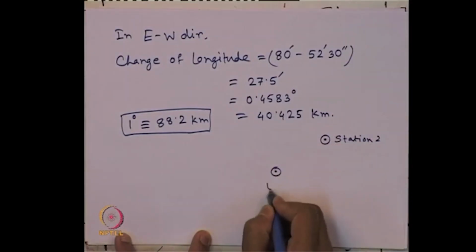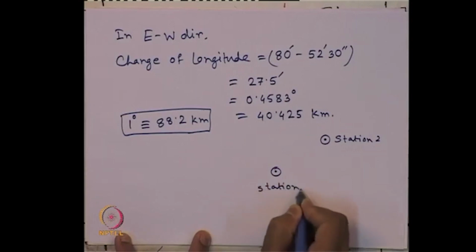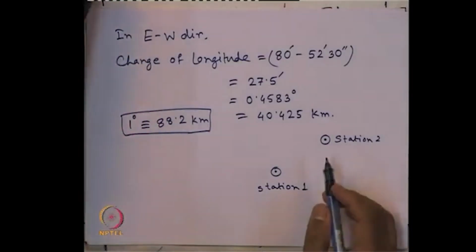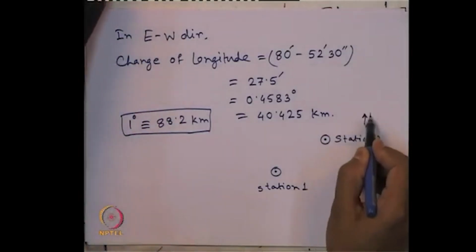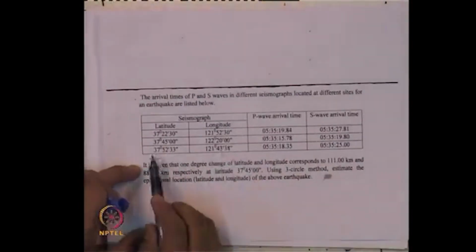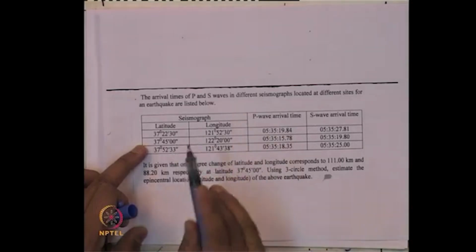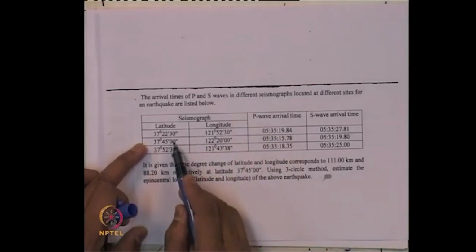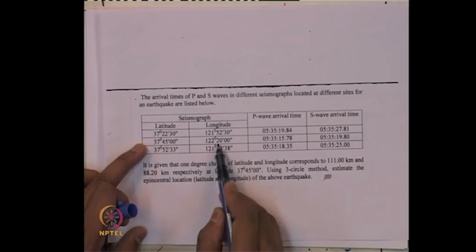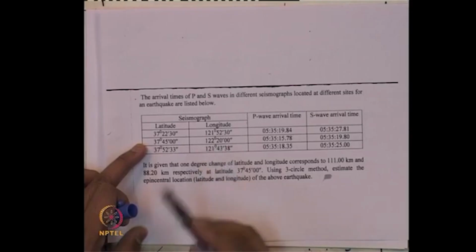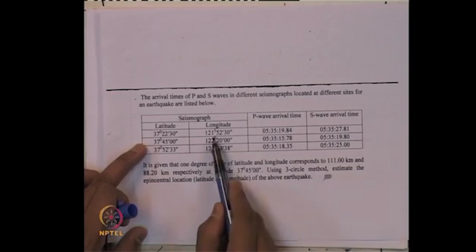So, if station 2 is located here, station 1 will be somewhere here. Why is it so? Because if we take this as the north direction, from the values of the latitude and longitude, we can see seismograph station number 2 is at the higher latitude, that is, towards the north of seismograph station 1, and its longitude is on the eastern side of seismograph station 1.